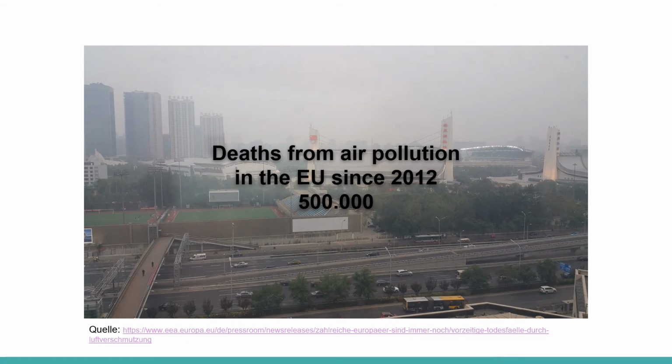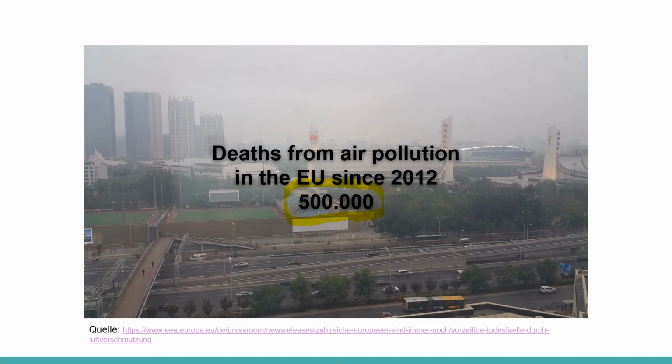Now, if you have technical systems and they are running well, they still may produce death by air pollution. In Europe, since 2012, we have 500,000 people dying from air pollution.